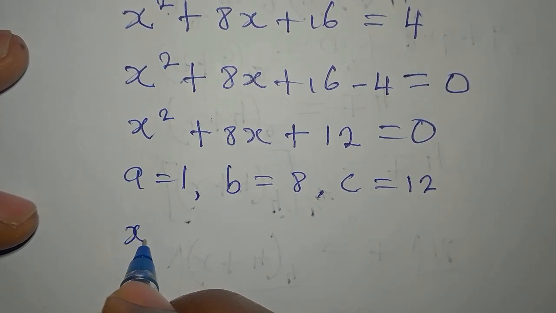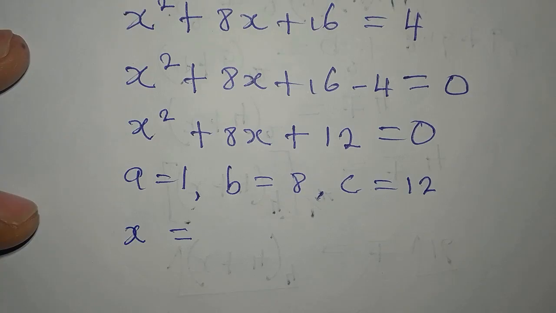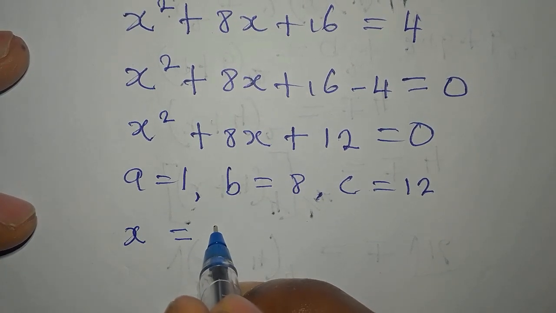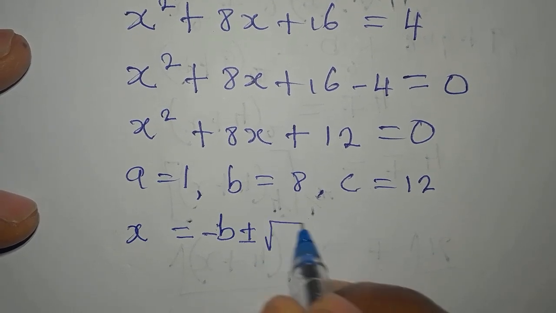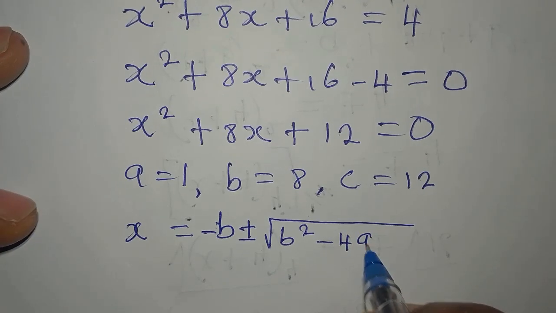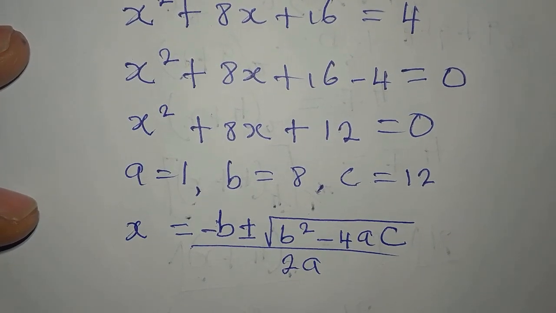Now we have x equal to minus b plus or minus square root of b squared minus 4ac, and everything is over 2a.